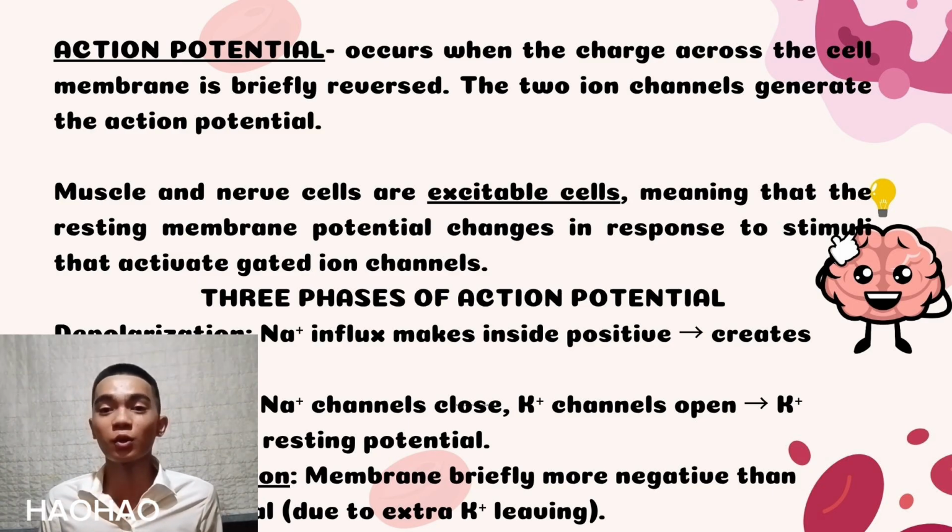Repolarization: the sodium channels close while the potassium channels open and potassium exits, restoring the resting membrane potential. Hyperpolarization: the membrane is briefly more negative than the resting potential due to extra potassium leaving.